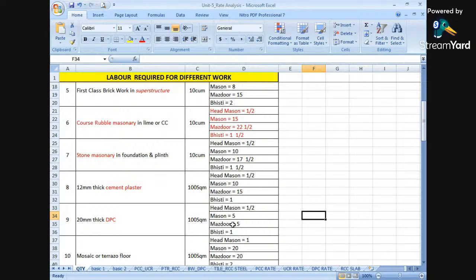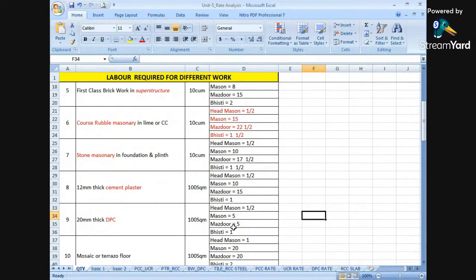Actually, in these square meter quantities, thickness will also be mentioned. Suppose in cement plaster the thickness is mentioned as 12, whereas for DPC the thickness is mentioned as 20. So for 100 square meters of area with 20 thickness, we require head mason as 1 by 2, mason as 5, mazdoor as 5 and bisti as 1.